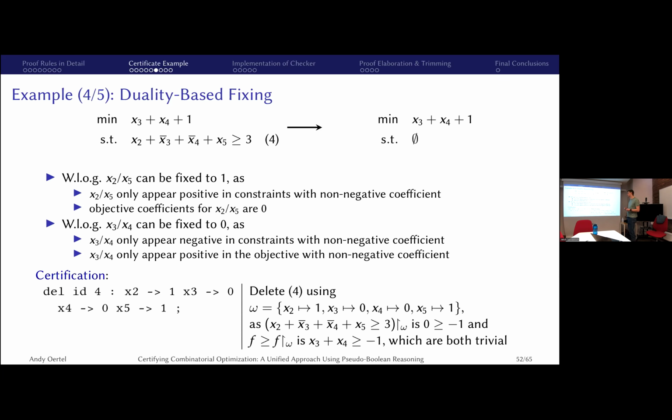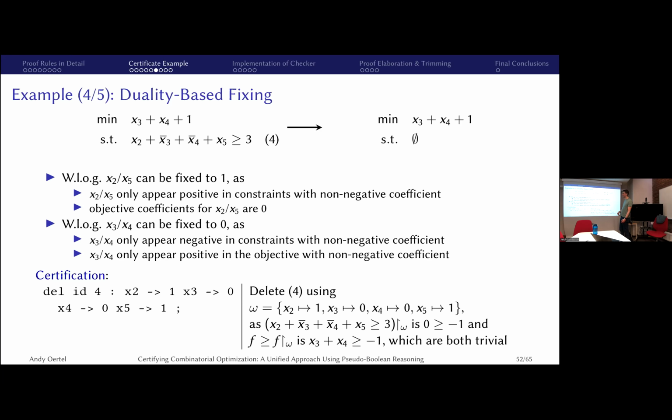But we can actually also directly use this fact that we can fix x2 to 1, x3 to 0, x4 to 0, and x5 to 1 as a substitution, and delete constraint 4 directly. Because then this just trivializes all the constraints and the objective gets better. So we're now left with an objective and no constraints.